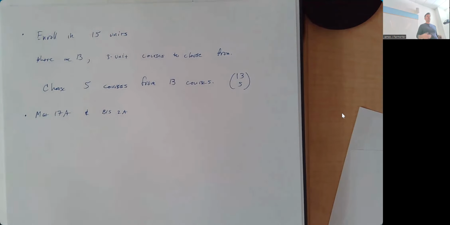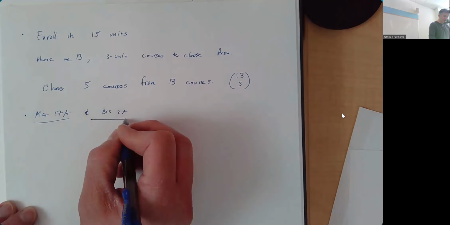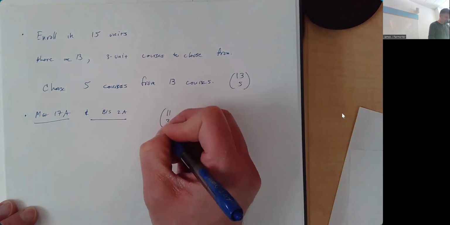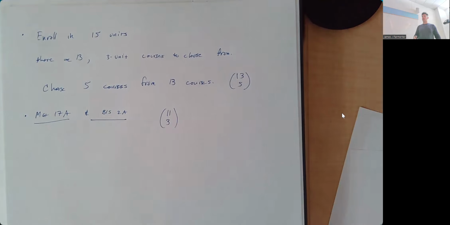So if those are 2 courses we have to pick, how many courses are left that we still need to choose? Not how many are there left to choose from? How many do we still need to register for? 3 out of how many there are left to pick from? 11. So now that we have these 2 already chosen for us, there are 11 choose 3 ways of picking the rest of the 3 courses out of the rest of 11 courses, right?